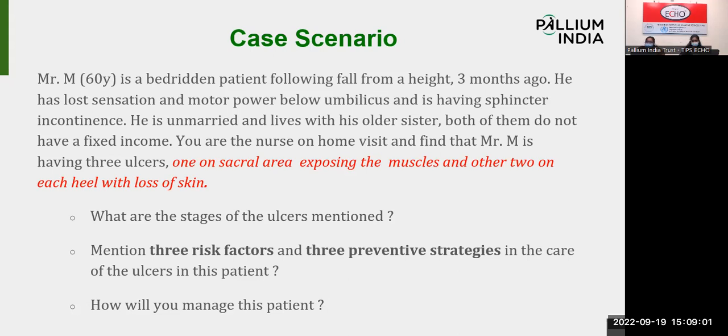Okay, bedridden, maybe because he is a bedridden patient. Immobility can cause pressure ulcer. Okay, immobility is one of the risk factors. Okay, other points. Incontinence of urine. Anupama said incontinence of urine. Very good. So moisture is another cause of pressure ulcers.